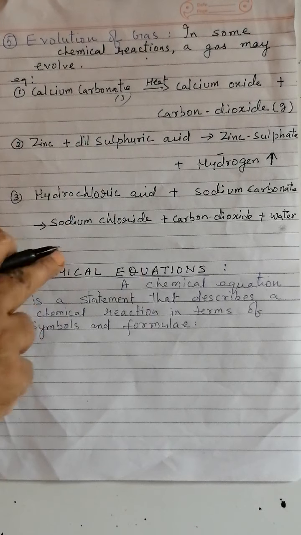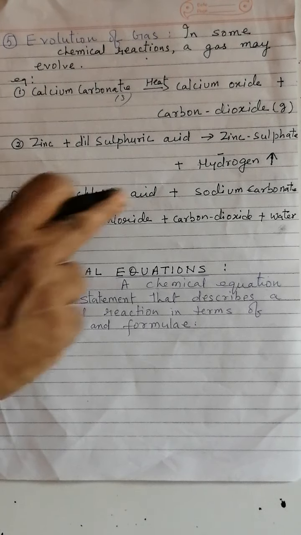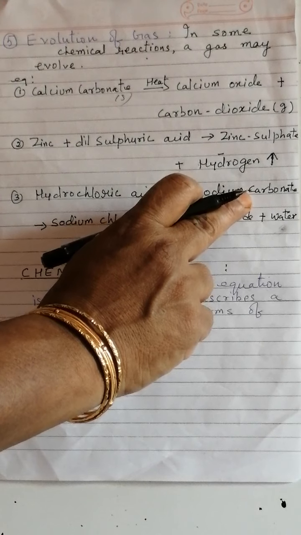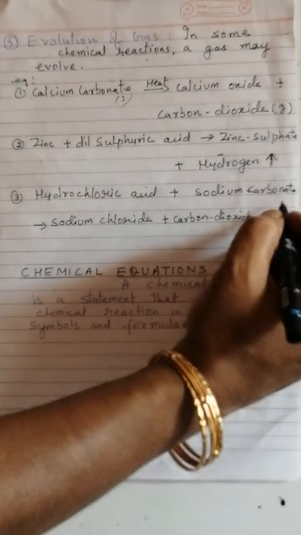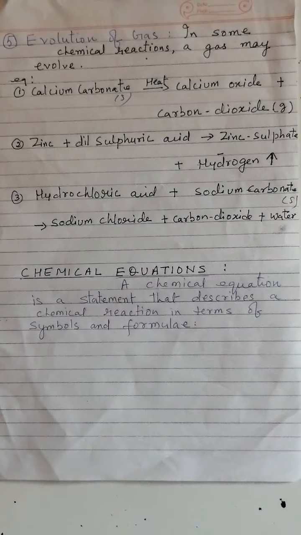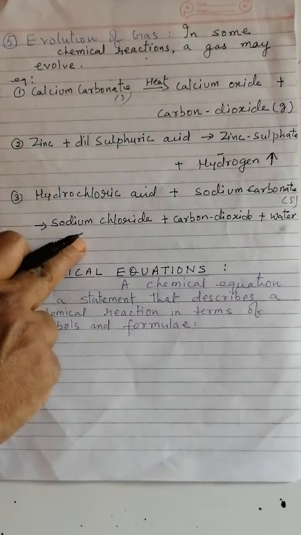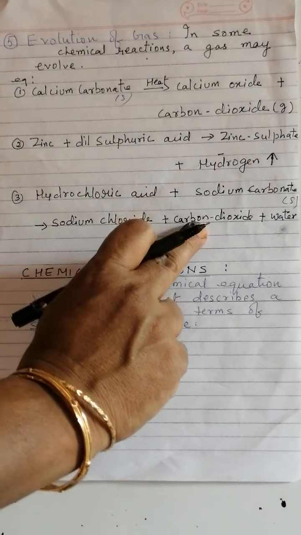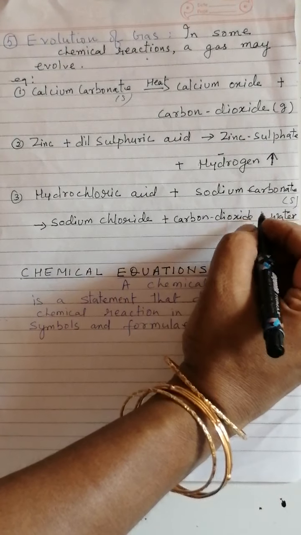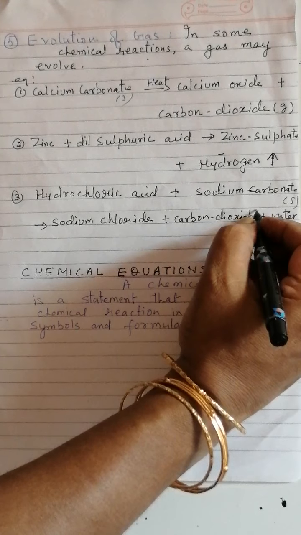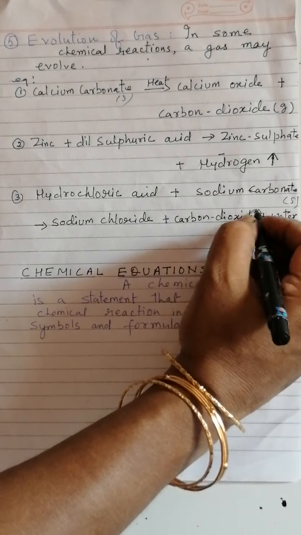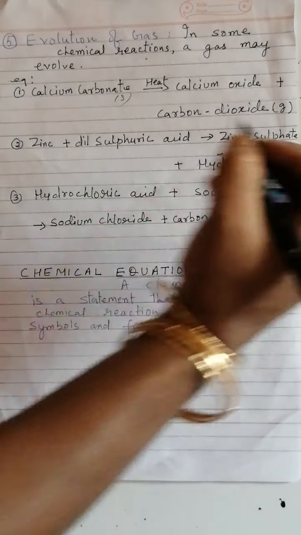Next example, hydrochloric acid with sodium carbonate. If you add solid sodium carbonate in dilute solution of hydrochloric acid, it will form sodium chloride and liberate carbon dioxide gas. Children, for showing the gaseous state, you can put the arrow mark in the upward direction.